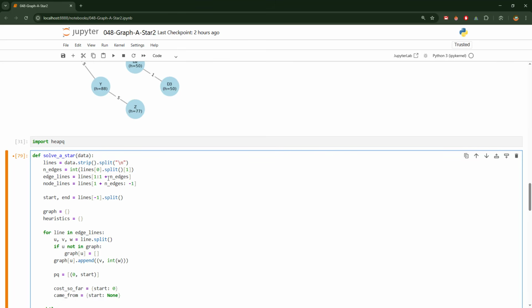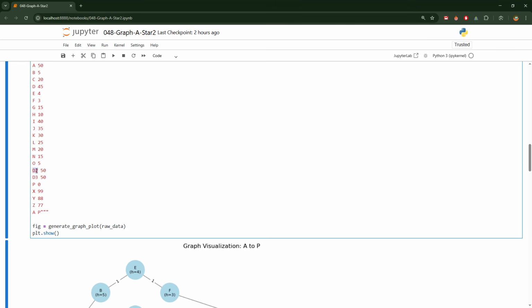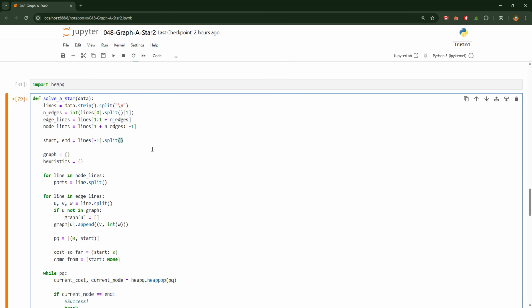Okay, and then we're going to read them one by one. So for line in node lines, parts will be line.split. Splitting them would deliver the first part and the second part.